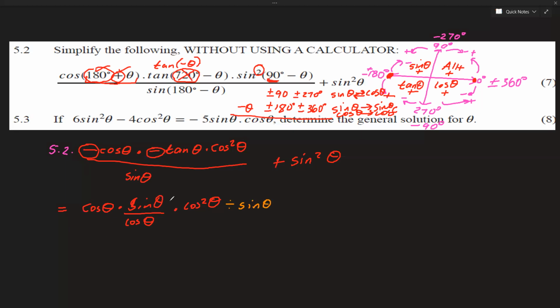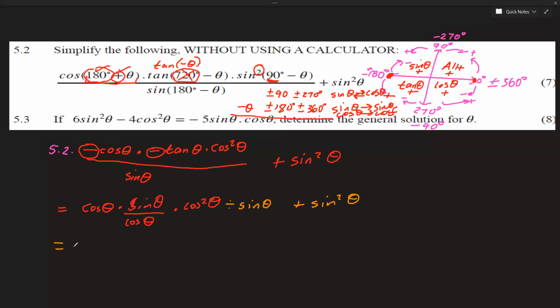I'm avoiding having three things dividing going down. I always need to be able to see my numerator and denominator clearly. That is a mathematical algebra skill that you should have. At any point of solving your equation, you should be able to see your numerator and denominator clearly. Okay, perfect. Then plus sine squared theta.